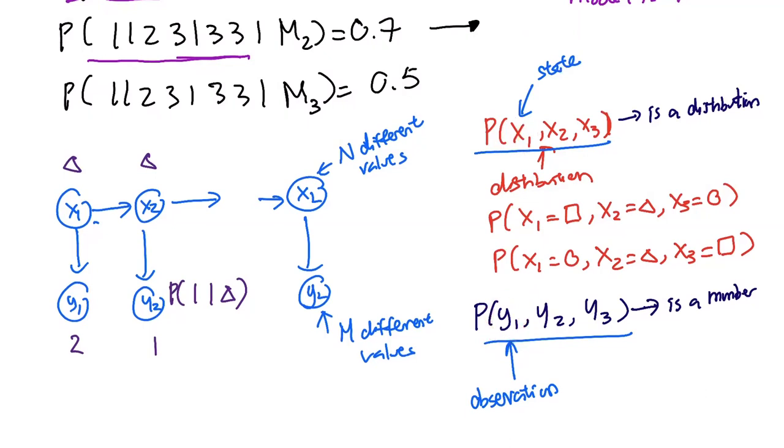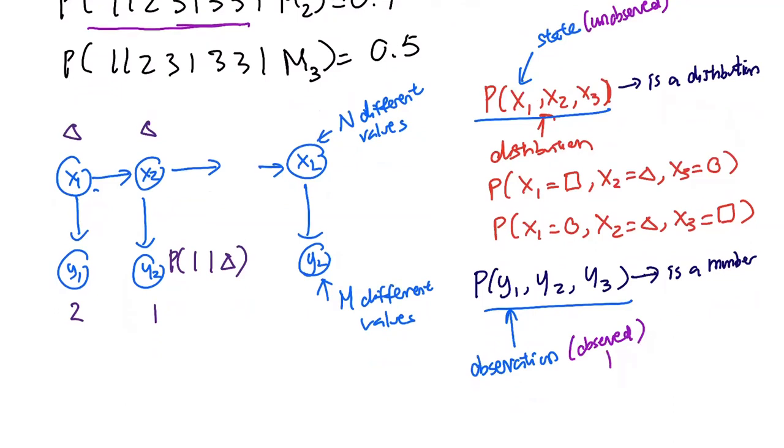So now, the state is latent or whatever, so unobserved. And obviously the observations are observed. When I say unobserved and observed, the other way of saying it is given and not given.